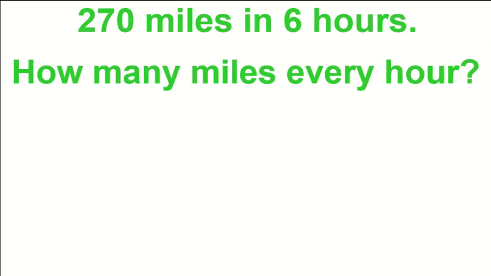Try this one. We got 270 miles in 6 hours. We want to know how many miles every hour. I say each, every, per, same kind of thing. All right, Connor. So we got 270, because it's miles every hour.